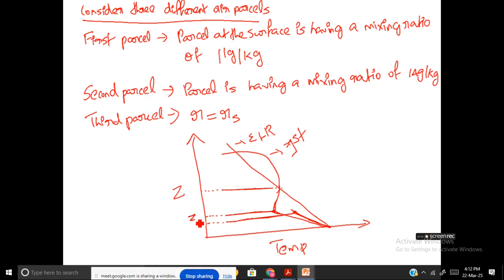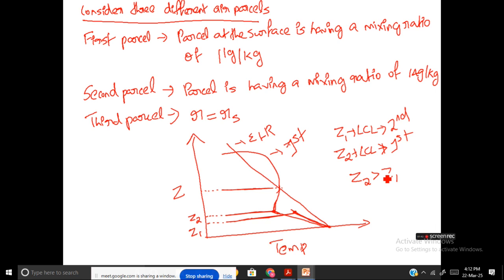So suppose Z2 is the height at which the first parcel is reaching saturation, and Z1 is the height at which the second parcel is reaching saturation. Z1 is the LCL corresponding to second parcel, and Z2 is the LCL corresponding to first parcel. So Z2 will be greater than Z1.